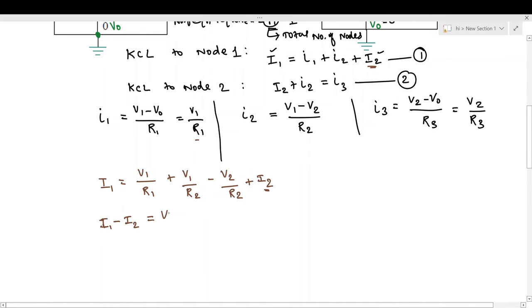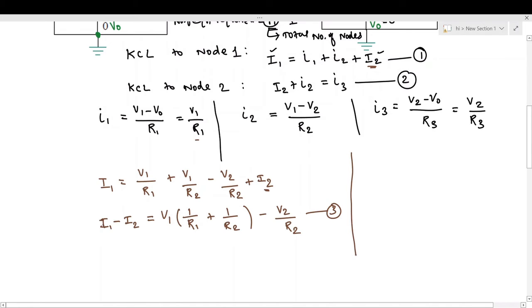When grouping the V1 value, V1 into 1 by R1 plus 1 by R2, minus V2 by R2. Say this is equation number 3.